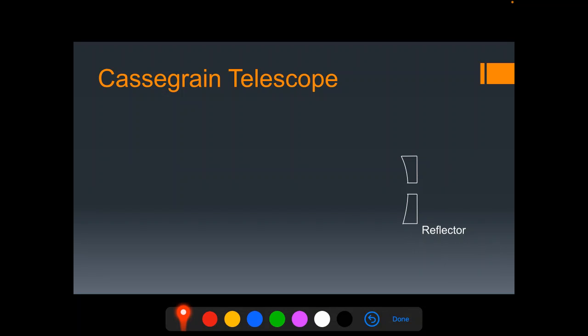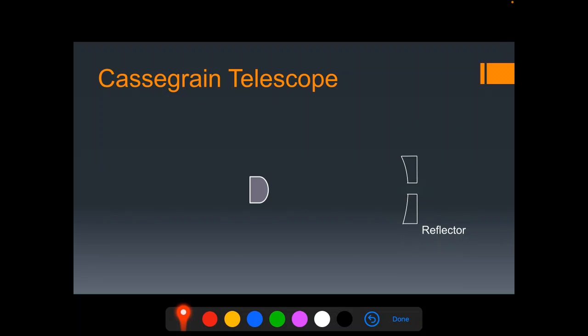Again, the Cassegrain telescope is a reflector type of telescope, so it has a reflector objective. One thing that we can see here is that the reflector objective in this Cassegrain telescope is not one single piece. It has a hole in between. We will see the purpose of that hole.